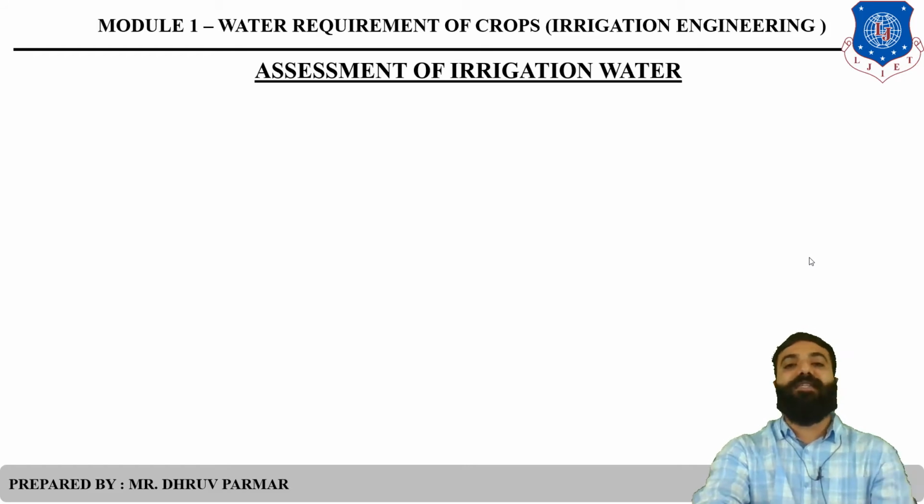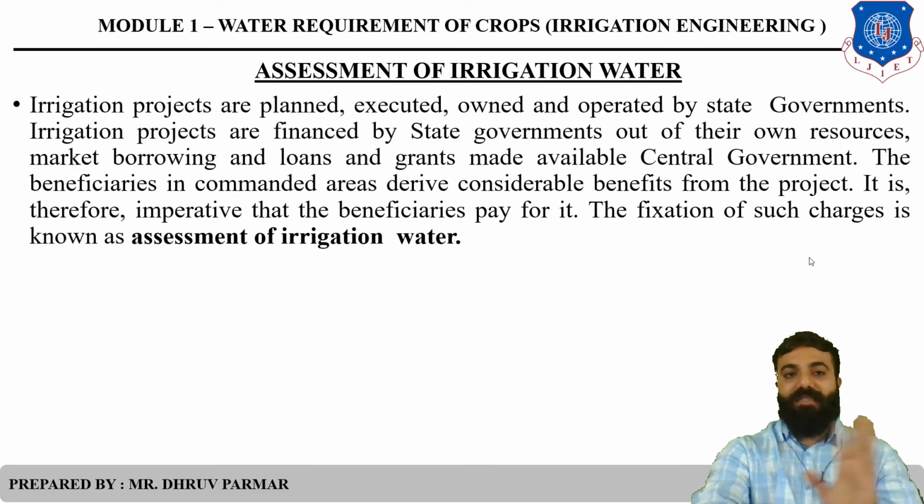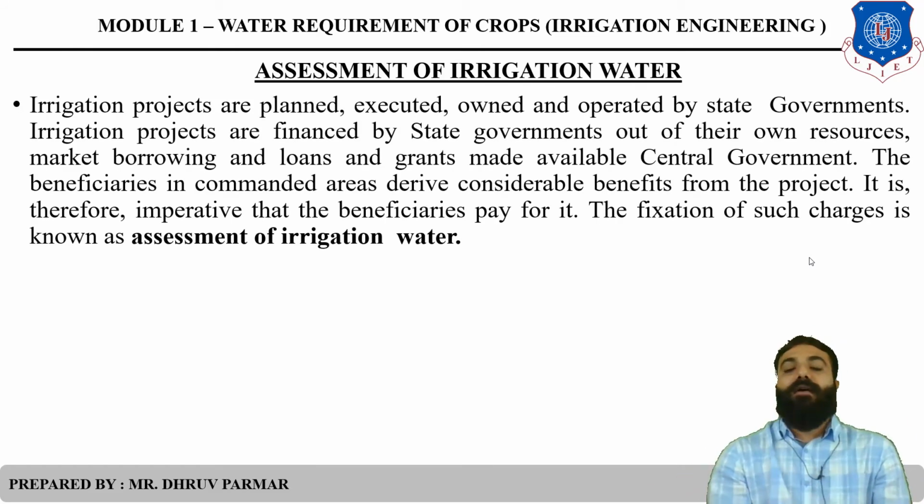Then, assessment of irrigation water. So this is a long definition. Clear? Like we consider one example, the Sardar Sarovar Dam is constructed by the government. So that plan was executed by the Gujarat government and financed by the state government as well as the central government. Otherwise, if the state government does not have money, they take a grant or a loan from the central government. Clear?